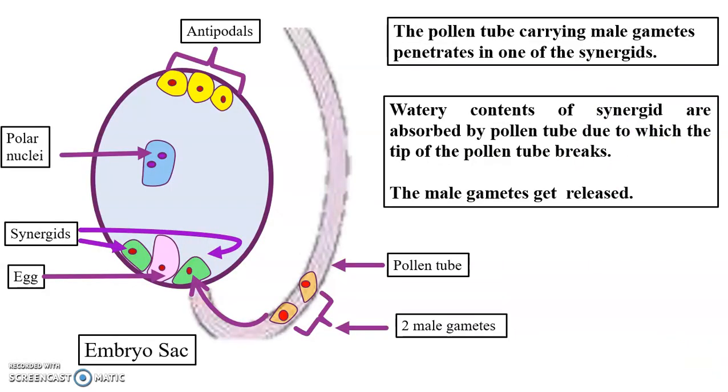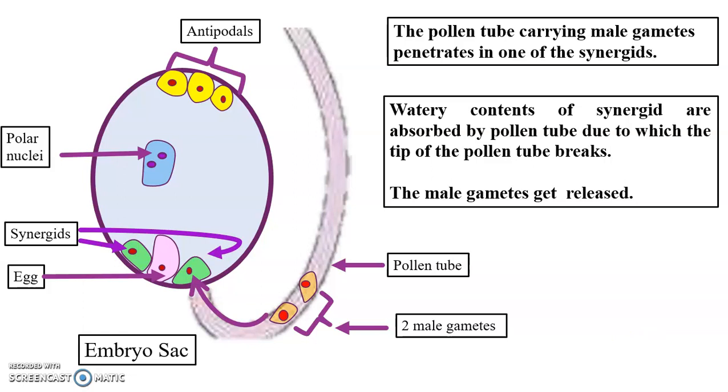Let us try to understand the process in detail. You can see here the female gametophyte or embryo sac and the male gametophyte, which is a pollen tube containing two male gametes. The pollen tube penetrates one of the synergids. Watery content of the synergids is absorbed by the pollen tube, due to which the tip of the pollen tube breaks.